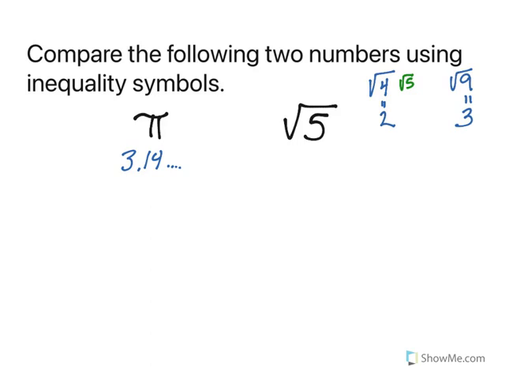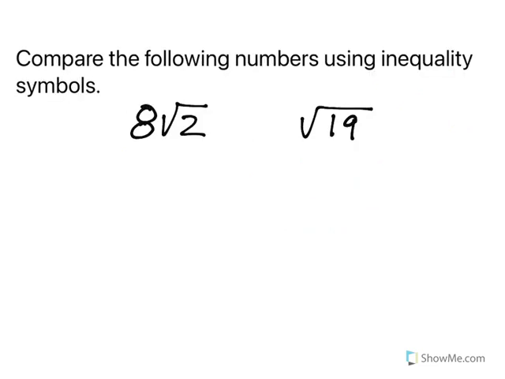So it's going to be 2 point something. And if we just compare that, we know that pi starts with a 3, the square root of 5 starts with a 2, so pi is greater than the square root of 5. And if you use a calculator, you will find out the square root of 5 is approximately 2.236, and it goes on. Okay, but pi is greater than the square root of 5.